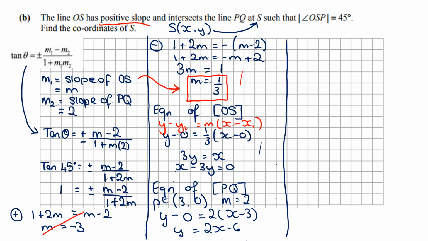So this here is our equation 1, and this is our equation 2. And we're going to get the point of intersection by working with equation 1 and equation 2. So equation 1, x minus 3y equals 0. This is 2x minus y is equal to 6.